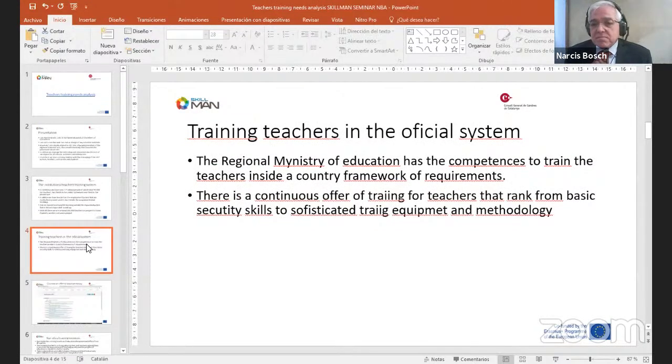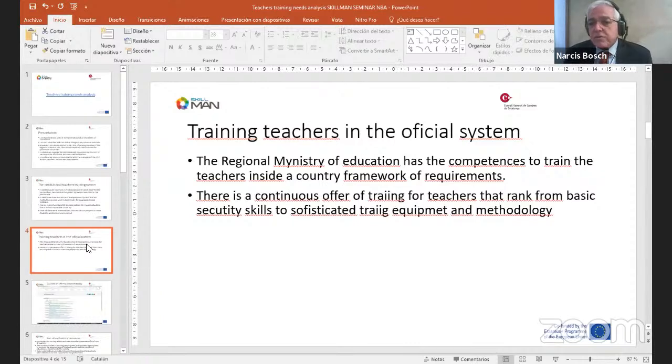The official system of training teachers depends on the regional Ministry of Education that has the competencies to train the teachers inside the country framework of requirements. So we have a Spanish framework system, and it is implemented by the region.